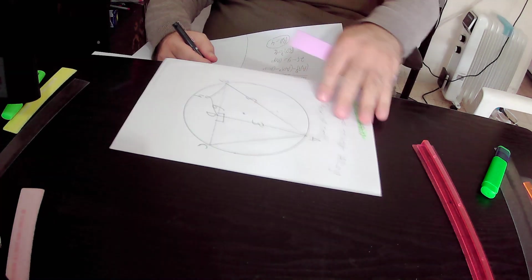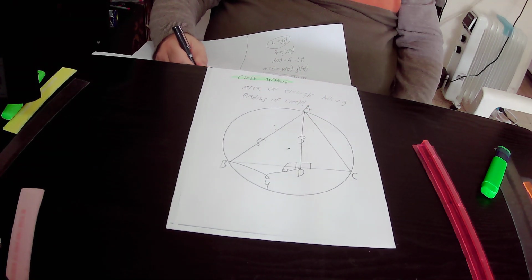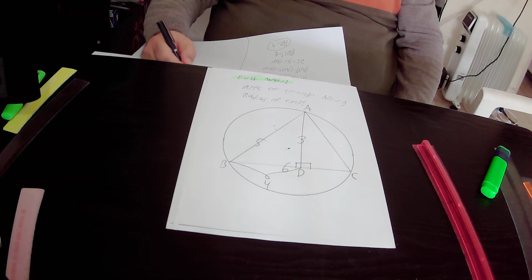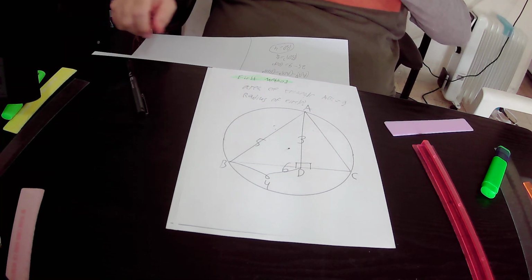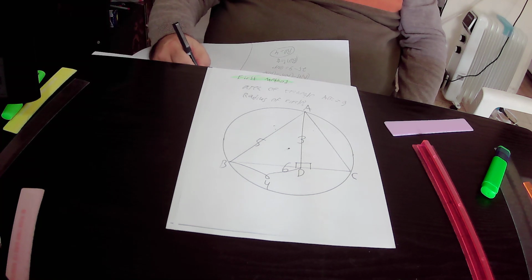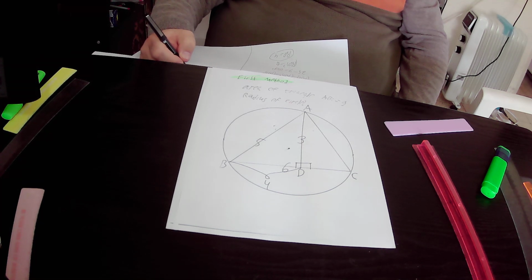What is the length of DC? From the drawing, it is very easy to see that DC equals BC minus BD. So DC equals BC, which equals 6 units according to what is given in the question, minus BD.